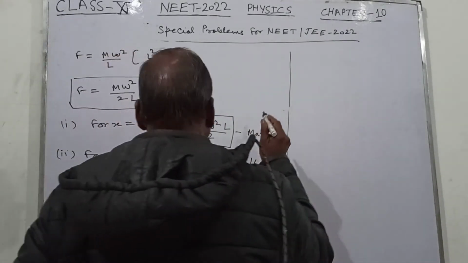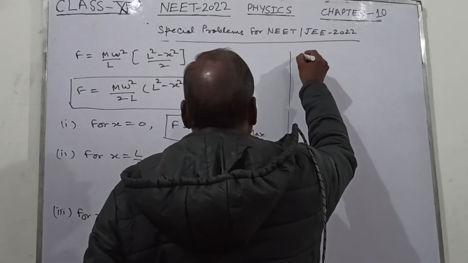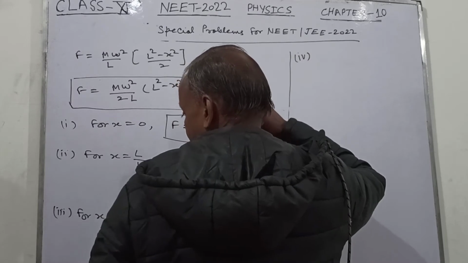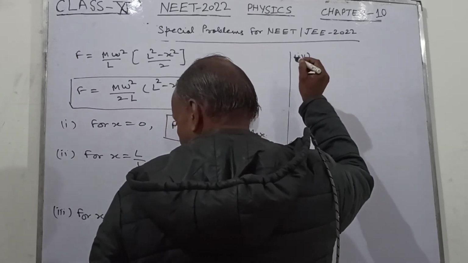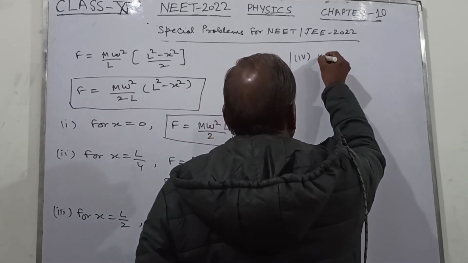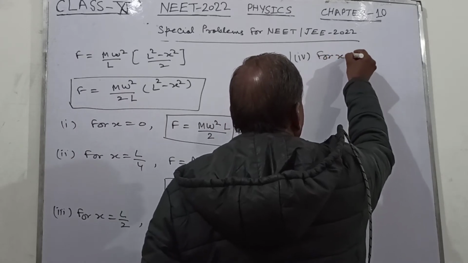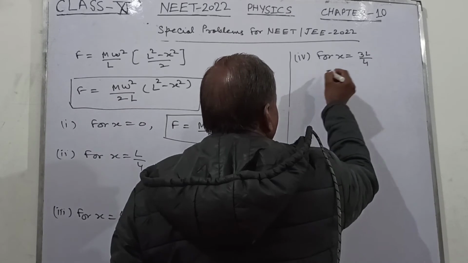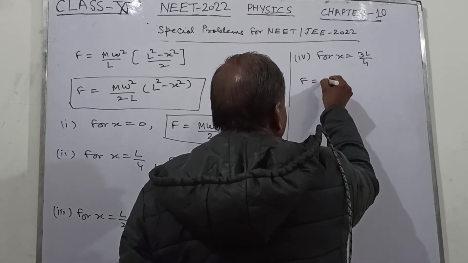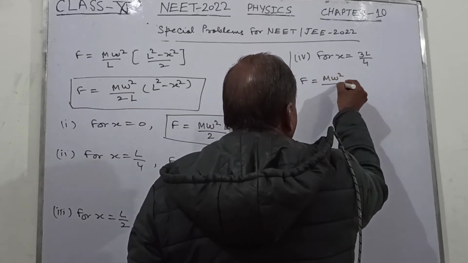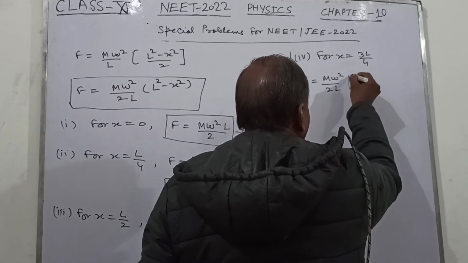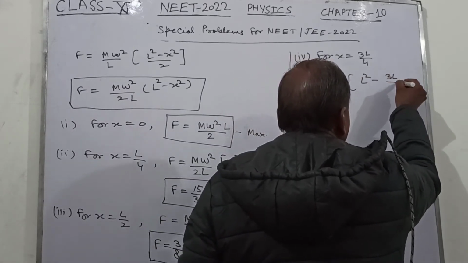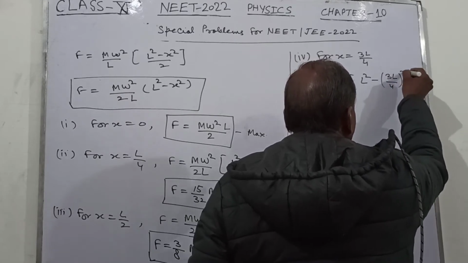And now if we take the third, fourth, now x equals 3L upon 4. So F will be how much? M omega square upon 2L into L square minus (3L upon 4) whole square.